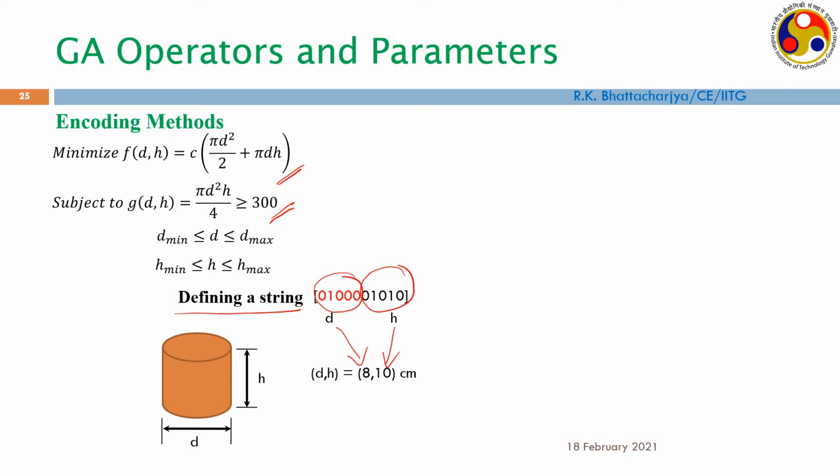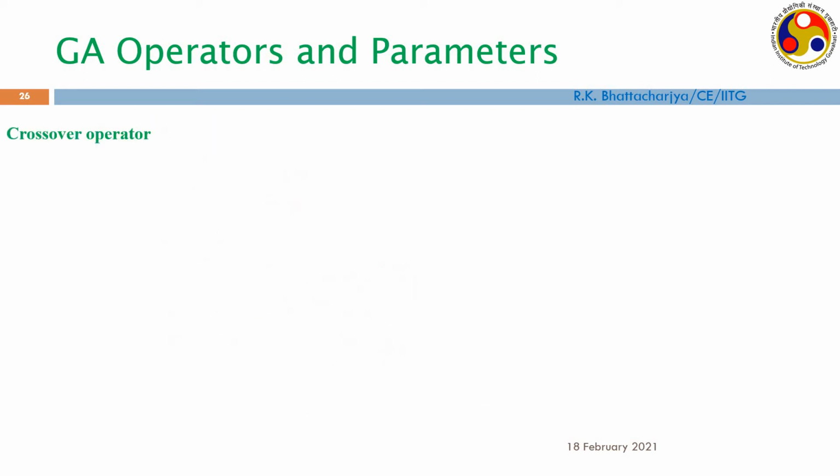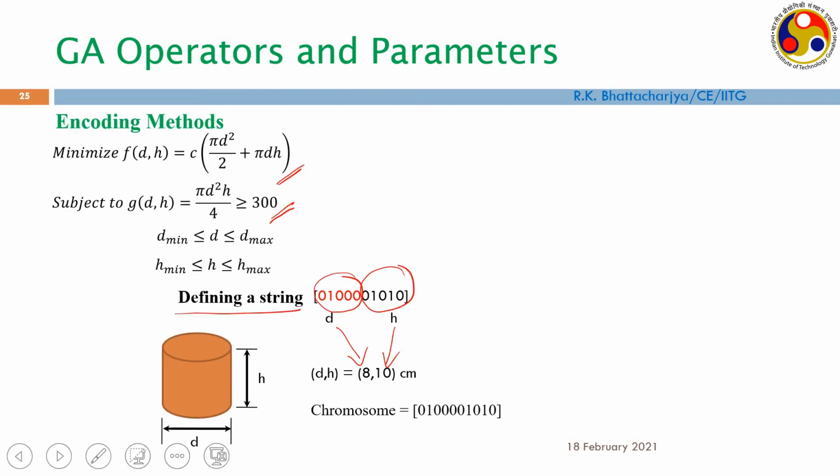So this is the decoded value, and this is the chromosome, and you can calculate the cost of this one. This is representing this particular solution, that is D equal to 8 and H equal to 10. I hope this is clear.